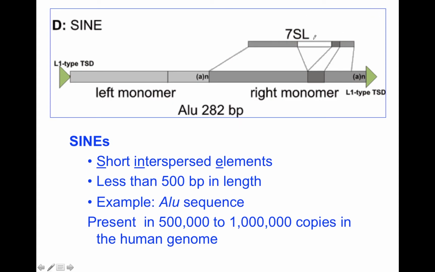The 7SL RNA is part of a particle called the signal recognition particle that anchors ribosomes to the endoplasmic reticulum and helps in the process of translocating the newly growing polypeptide across the membrane of the endoplasmic reticulum. So it's a common small RNA found in the cytoplasm. Somehow a reverse transcriptase got a hold of it and turned it into this Alu short interspersed nuclear element.